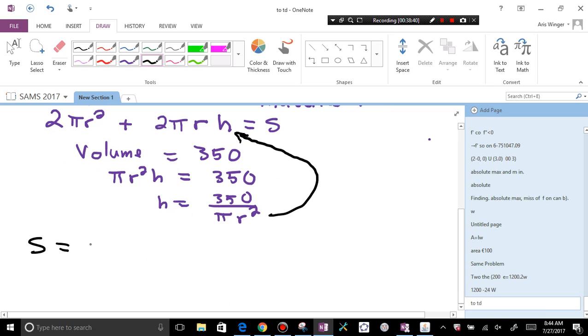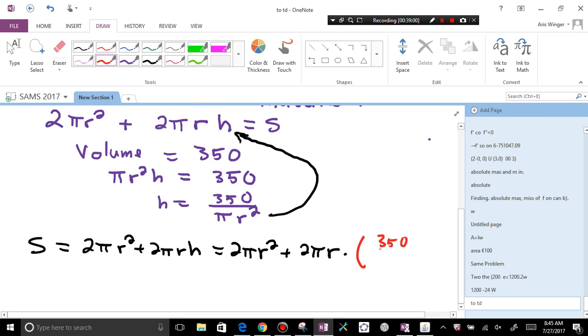S is equal to 2 pi r squared plus 2 pi r h. We just decided to replace h with its relationship to r that was given to us through a constraint on the volume. H is now 350 over pi r squared.